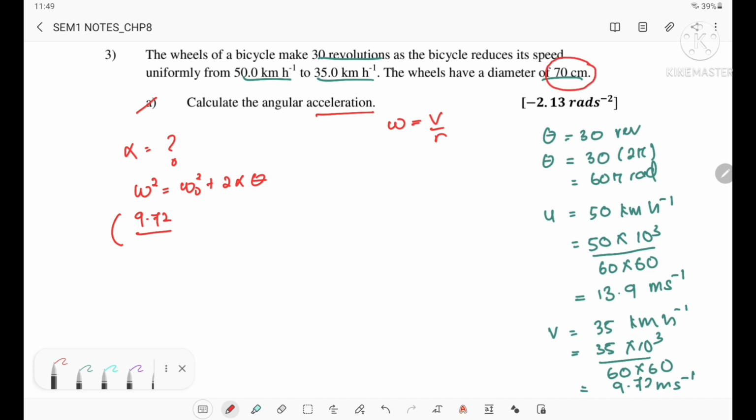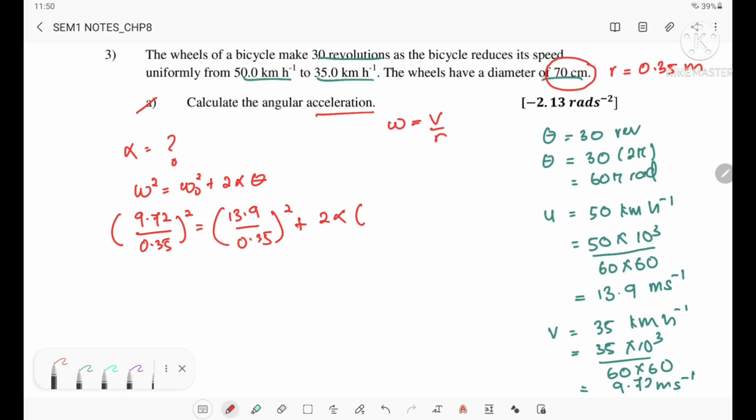Given is 70 centimeter in diameter, so you need to get the radius, convert into meter. So the radius is going to be 0.35 meter. So substitute here 0.35, don't forget to square, and for the omega naught or initial angular velocity, 13.9 divided by 0.35 squared plus 2 alpha and theta.